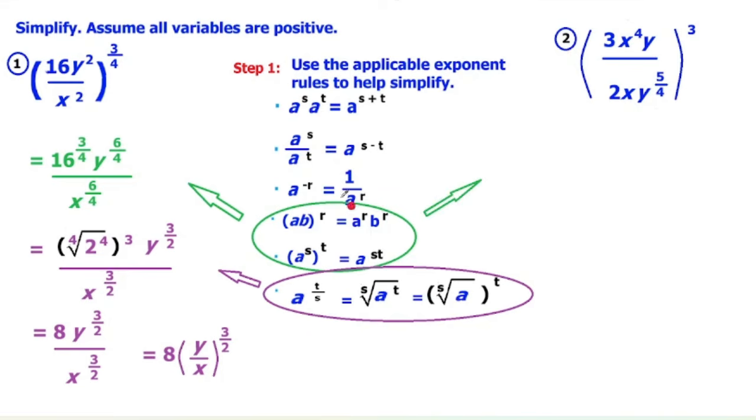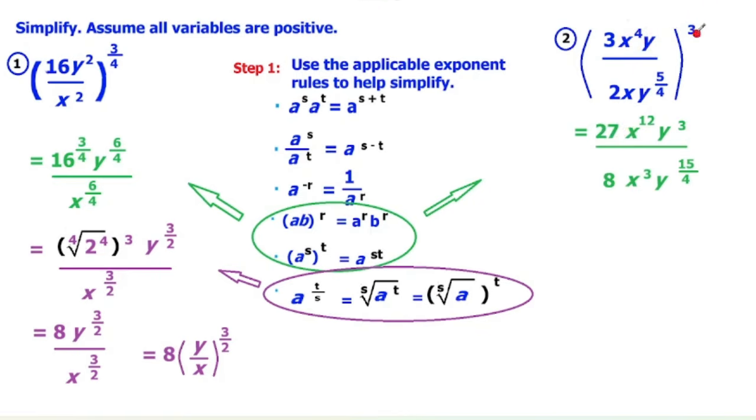So we're going to apply this rule again. It's a combination of this and this, because we're going to apply the 3 to all of these parts of the expression, okay? So when we take 3 and we take the power of 3, it becomes 27. Then x to the 4, we multiply 4 times 3, it becomes 12.